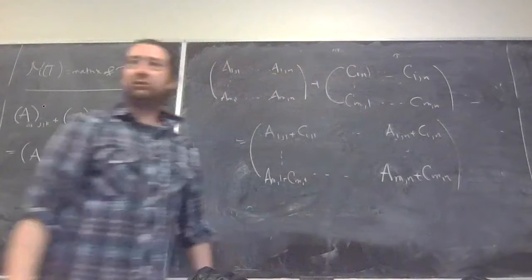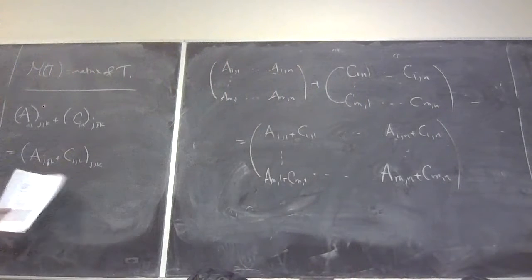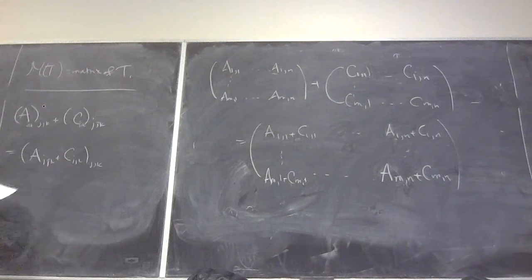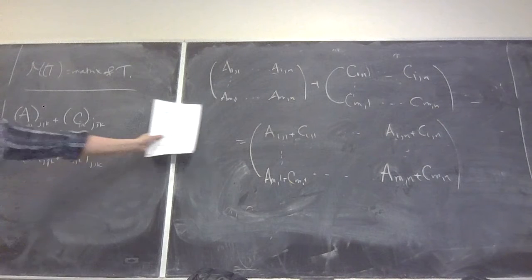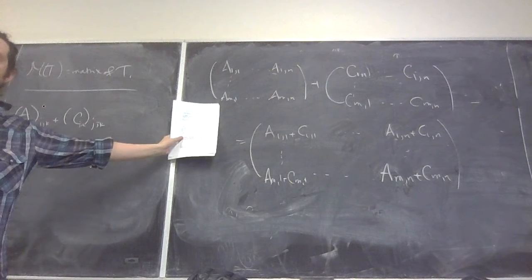What is life but repetition, right? This is kind of a long-winded way of saying what this says. This compressed notation is nice because it tells you the entry-by-entry rule, whereas I have to write down these crazy arrays to show how the pattern works.